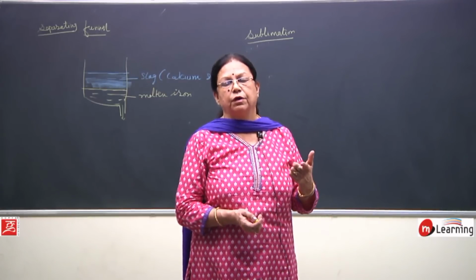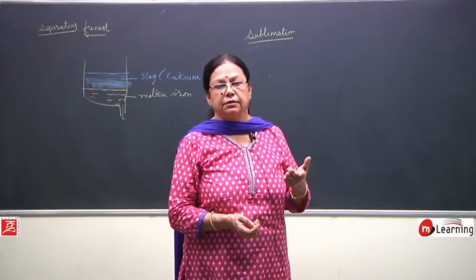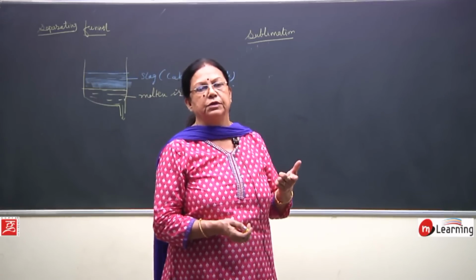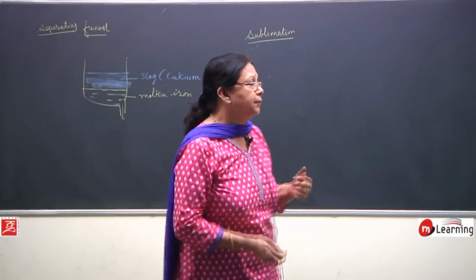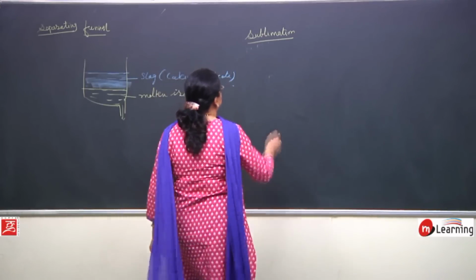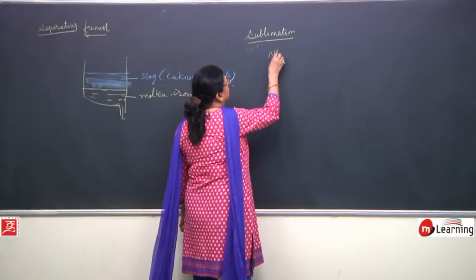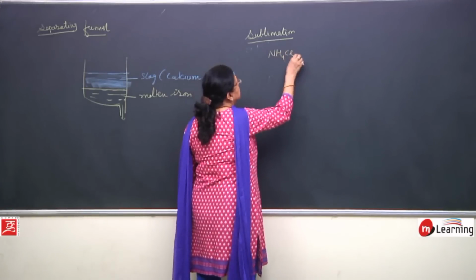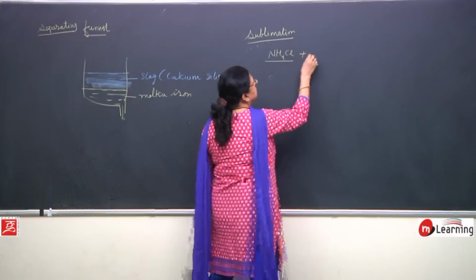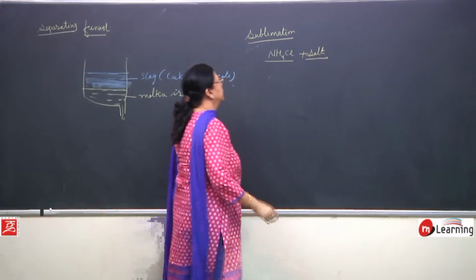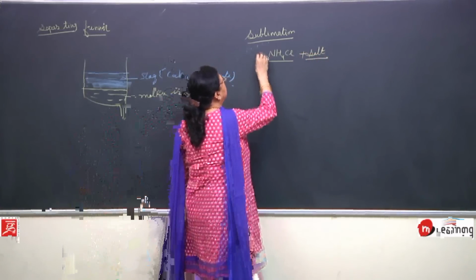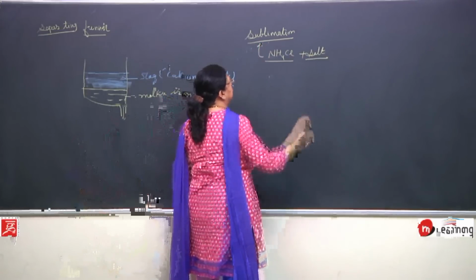This process is called sublimation, and the substances which undergo this process are called sublimates or sublimes, right. So, if you have a mixture of ammonium chloride, that is NH4Cl, and salt or any other thing, this ammonium chloride undergoes sublimation.